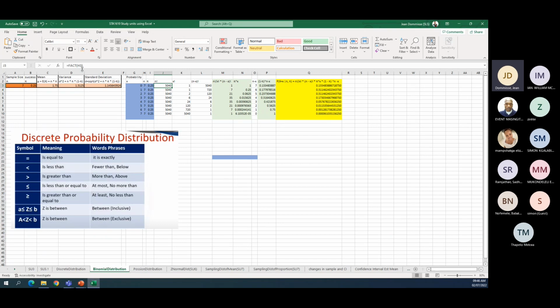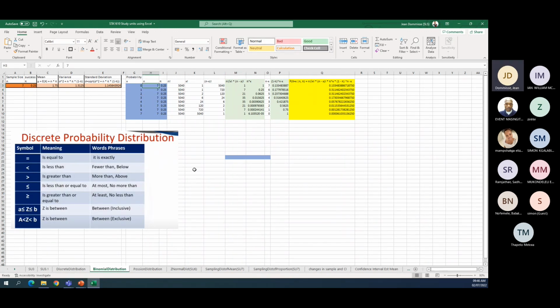Factorial is already built in there. So let's say n was 15. X was, what was it, guys?